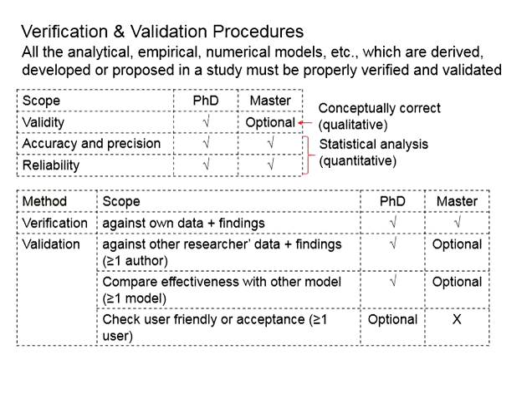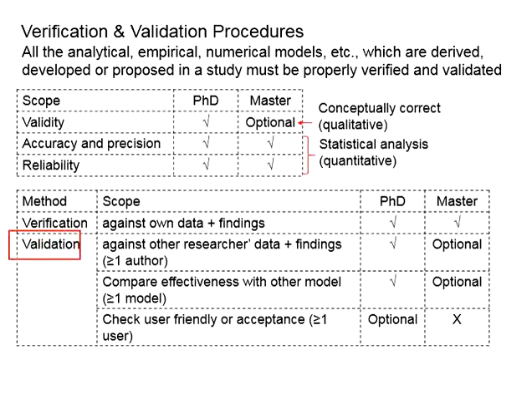As long as the models that you have developed are found valid, accurate, and reliable using your own data and the findings are in line, it is considered verified. This will have to be done by both Masters and PhD students, because you will need to prove that the models that you use actually resemble the actual situations.